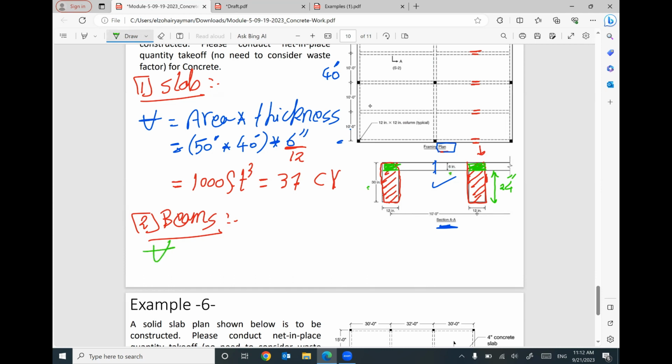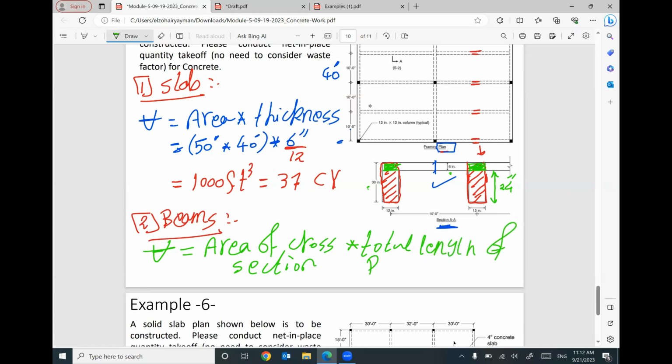So the volume of your beams equals the area of cross section times total length of beams.